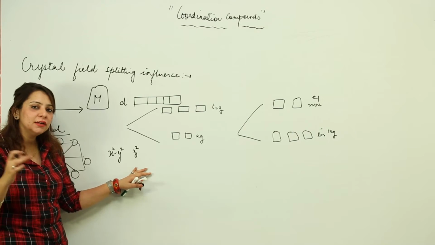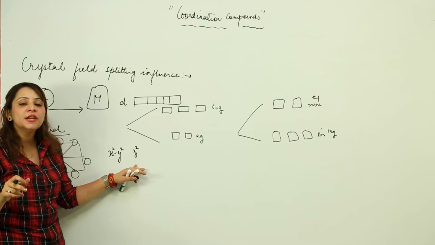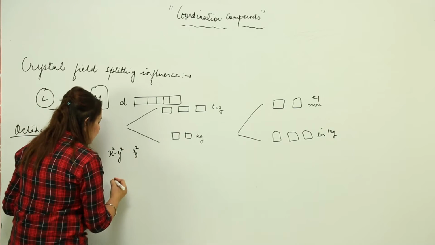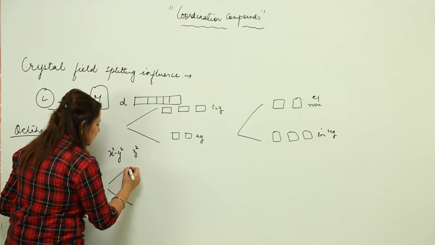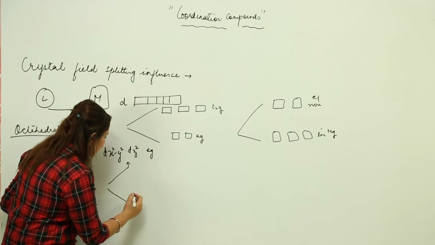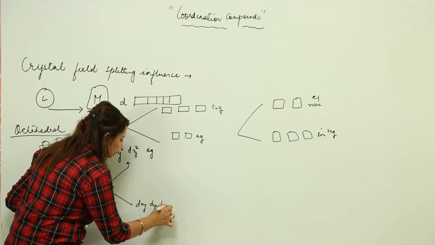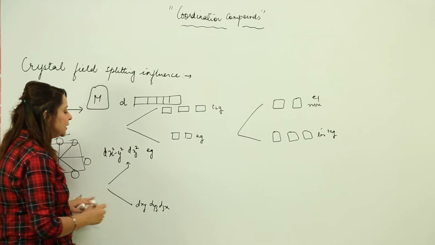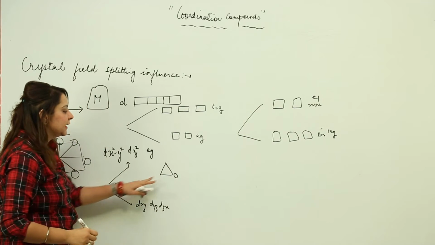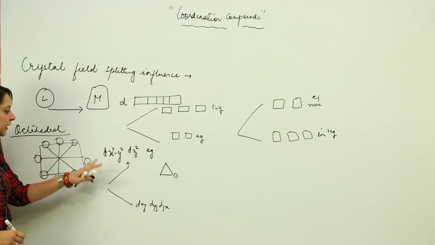The orbitals on the axis will suffer more repulsion, and as a result their energy will be higher, that means the Eg ones, and the energy of the others is somewhat lower. The energy difference is given by delta with O as subscript, which indicates the energy difference for the octahedral complex. So there is a splitting of energy in this way.